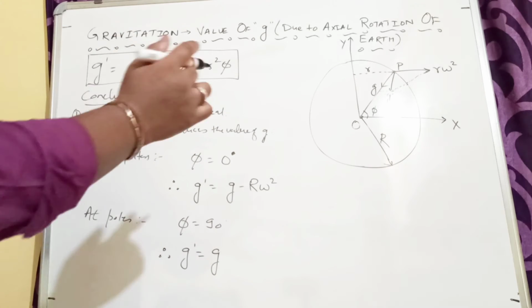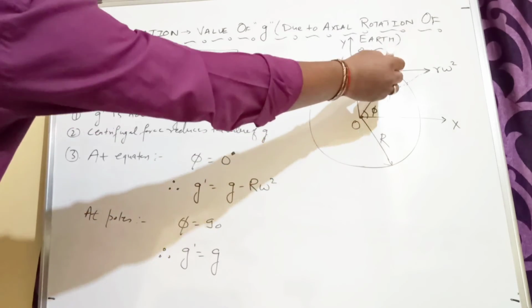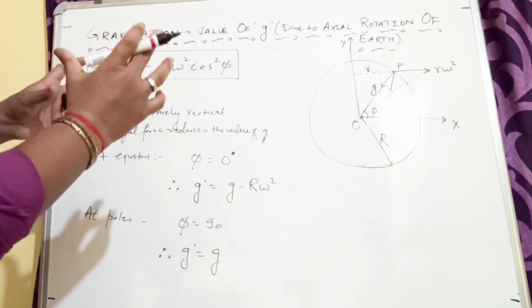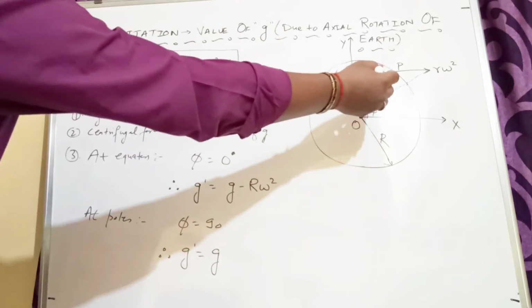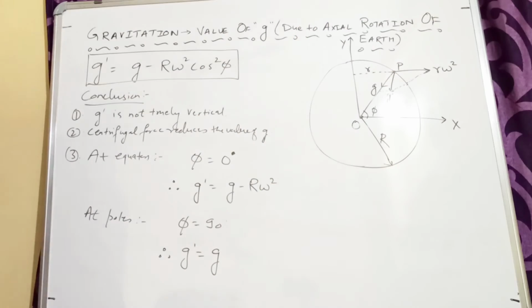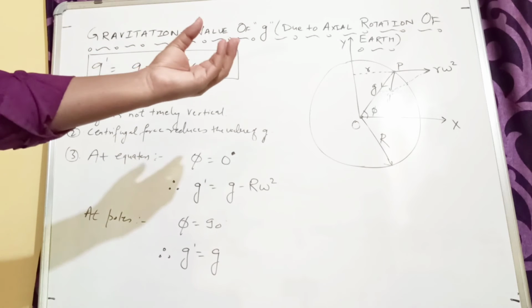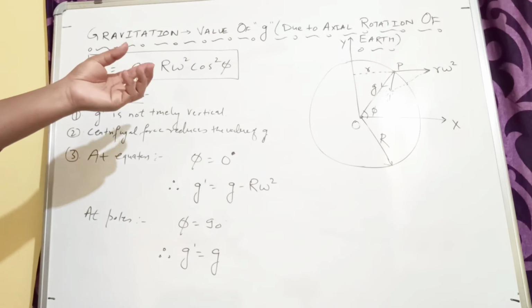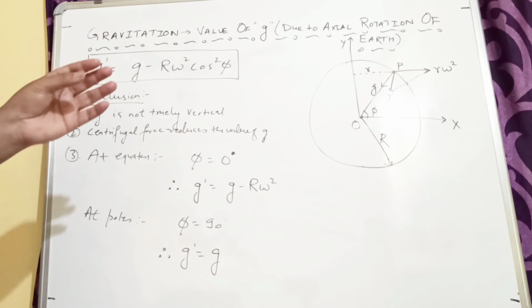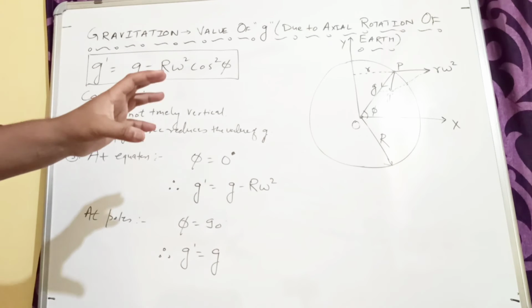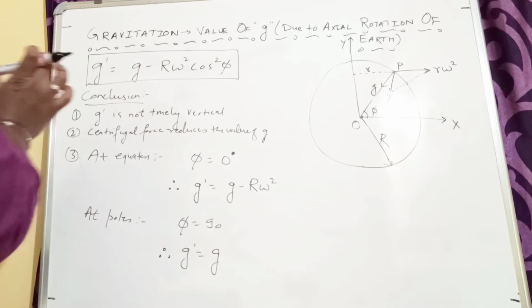The direction of normal g is towards the center of Earth, and the acceleration produced by rotation is away from the center, in the outward direction. So the value of g dash will be less than the value of normal g because of this centrifugal force.